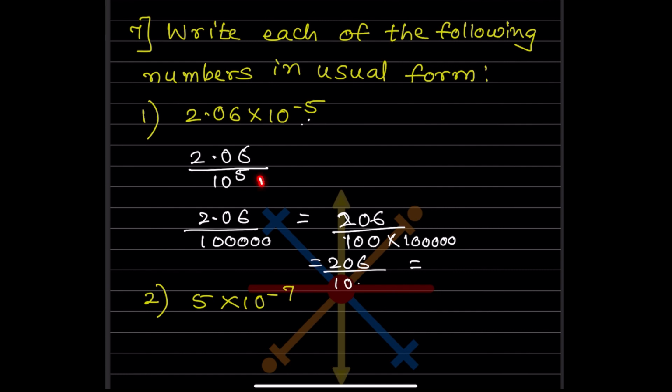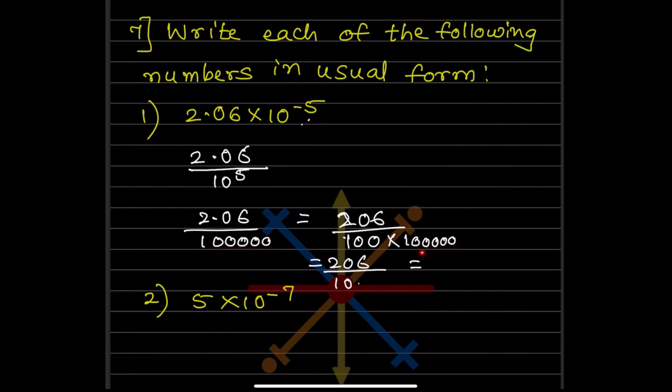Again I'll repeat it, this is 10 raised to 5, so we are going to put 1, 2, 3, 4, 5. Now for this one, again I'll repeat it, 2.06, we can write here 206 divided by 100, because we are removing the decimal, and this will be 1, 2, 3, 4, 5. So now this is 1, 2, 3, 4, 5.